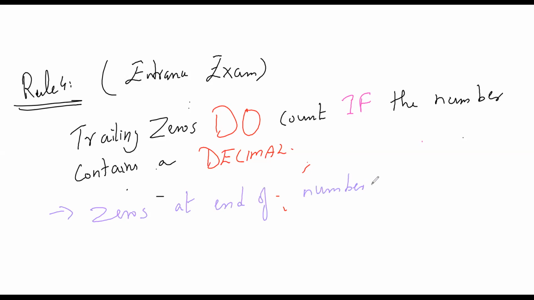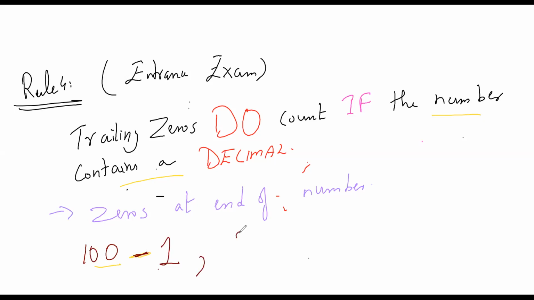Let me give some examples for the same. 100. Trailing zeros do count if the number contains a decimal. Does it have a decimal? No. So 1 is the answer for this. 100 has 1 significant digit.